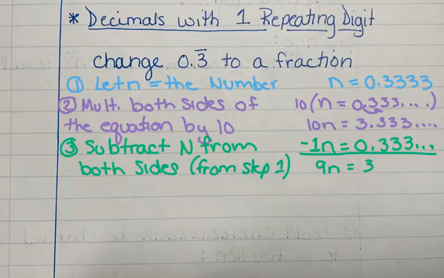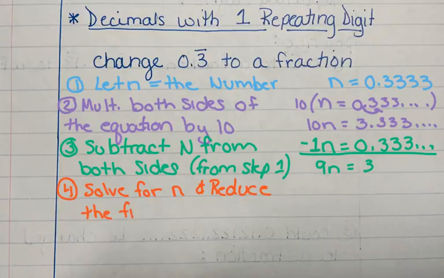Okay, and then our last step, step 4, is to solve for n and reduce the fraction. Okay, so what that means is, to get n by itself, I need to divide by 9 on both sides of this equation.